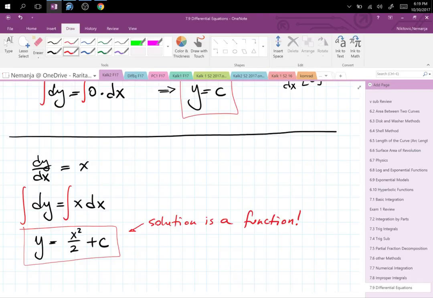But if you have an evolving system in time, whether it's talk about population or you're talking about whatever, money growth in the account, metabolizing medication in bloodstream, or various engineering things, anytime the system changes or evolves, we can use differential equation to set up the equation, and then we can solve it.